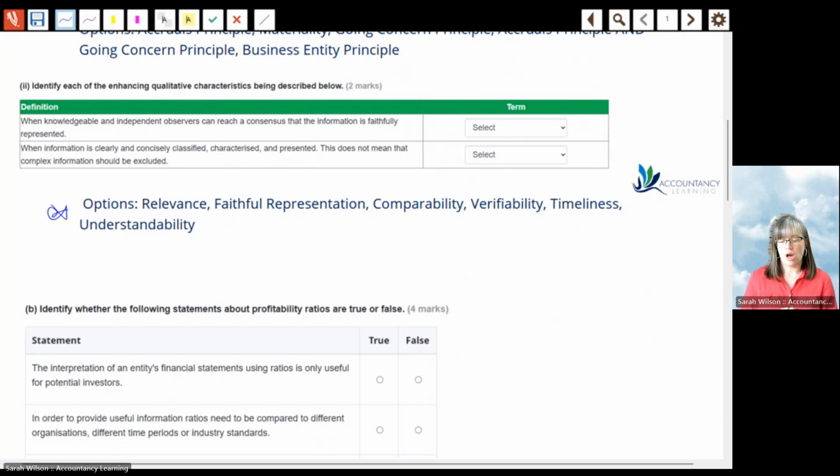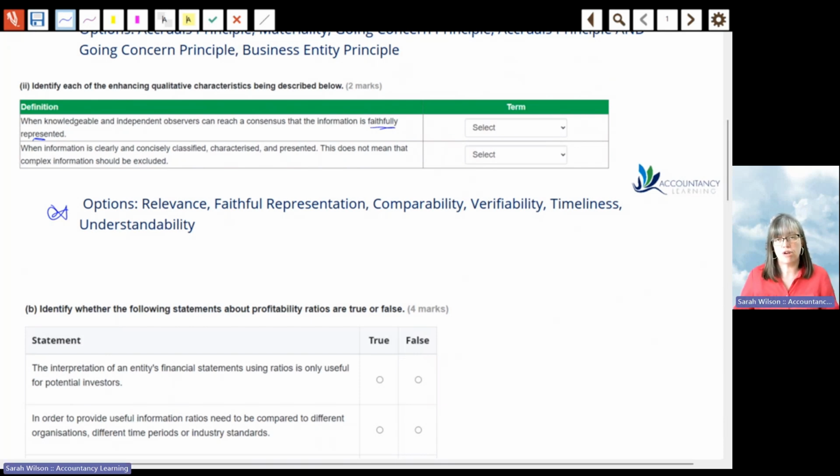So a common mistake I think that happens with this question is everybody jumps to looking at faithfully represented and thinks that that's the answer. When you are having independent observers reaching a consensus, it means that they are actually verifying that that information is true.